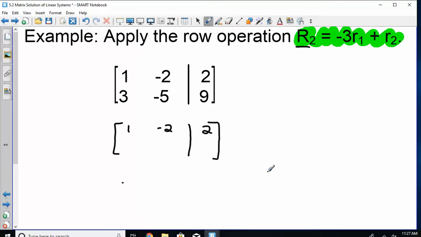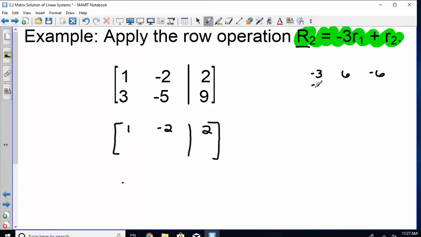Now some people are really comfortable, they can just do these in their head and write it down. And if that's you, that's fine. If you need to go out to the side and have some scratch work, I don't care. Whatever you have to do. -3 row 1 just means you're going to take everything in row 1 times -3. So it'd be -3, 6, and -6.